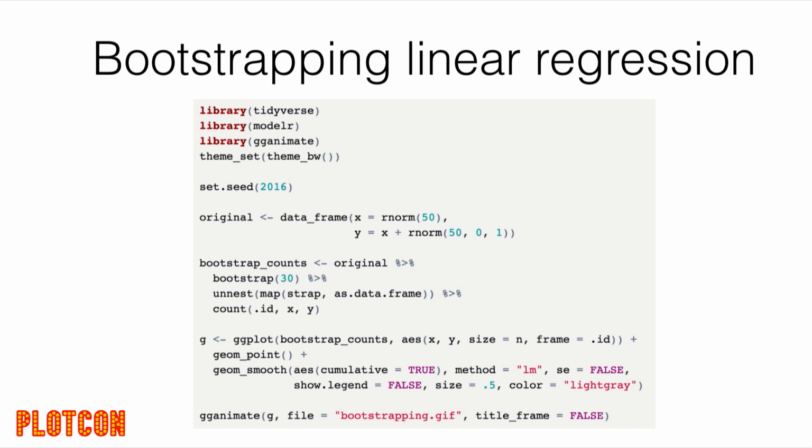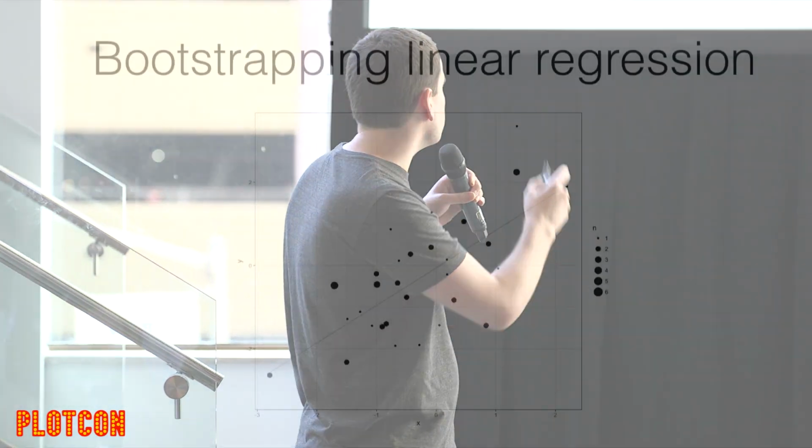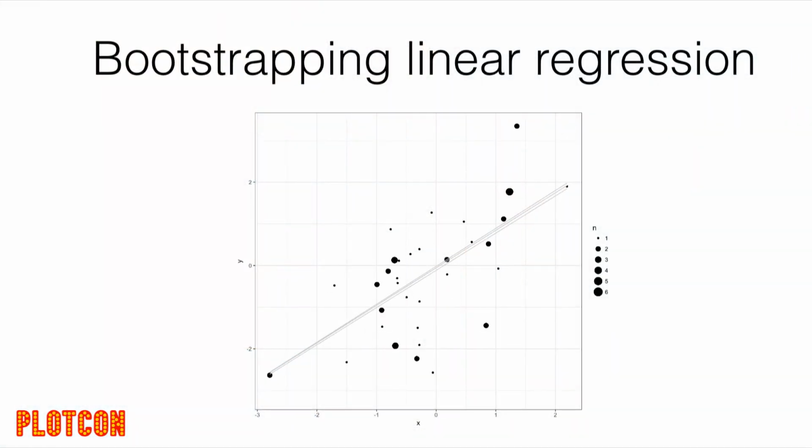And with a few more steps, we're able to take these bootstrapped samples, put them into a data frame, and then animate them. And in this case, what I'd show is every step here is one bootstrap sampling. Every point is how often that point was sampled. So you can see that in this bootstrapping, some points will be skipped out on one animation, and as a result, they don't affect the resulting best fit line.